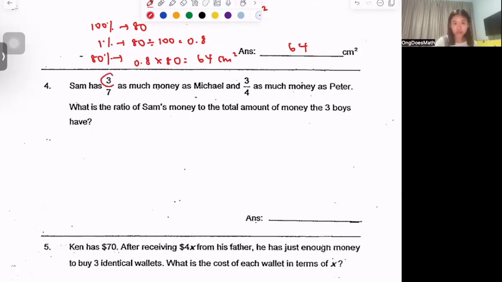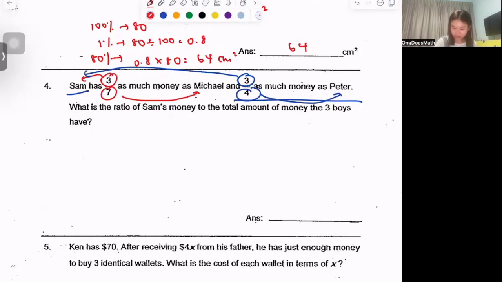These 3 over here belongs to Sam, and this 7 over here belongs to Michael. At the same time, Sam also has 3/4 as much money as Peter, which means this 3 belongs to Sam and 4 belongs to Peter.